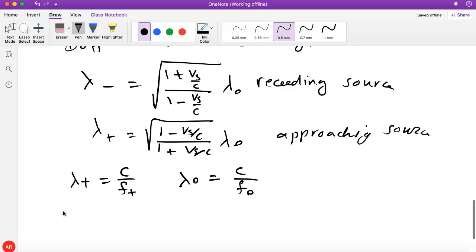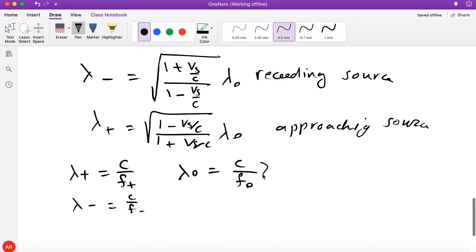Similarly, let's say lambda minus is C over F minus.